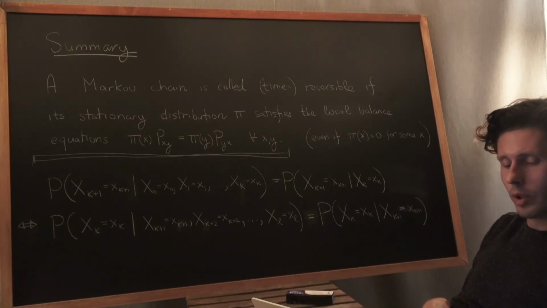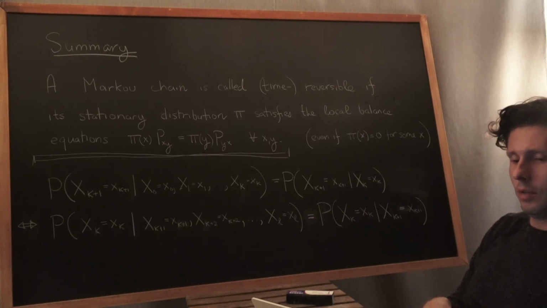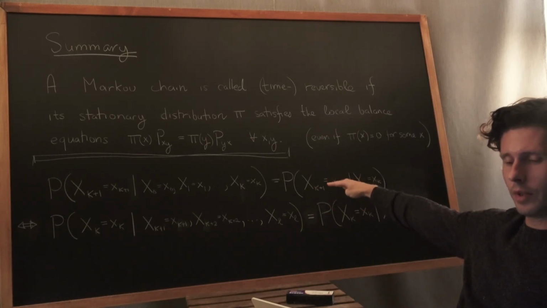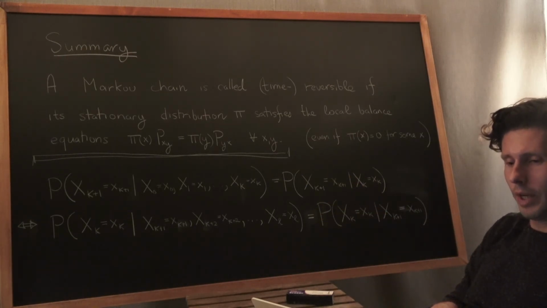Intuitively this should make sense to you, but at the same time you scratch your head and wonder why these imply each other, and whether it has anything to do with reversibility or time reverse chains. As I said, this if and only if condition does not only apply to time reversible chains.